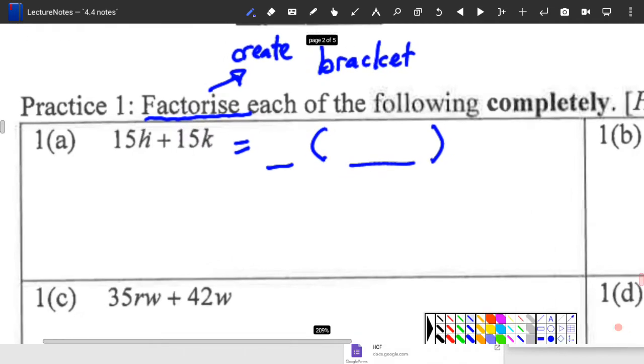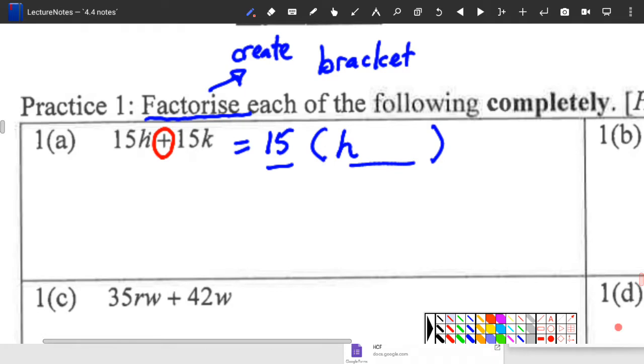So I try 15H and 15K, what is common? 15. Do you agree I can write a 15 here? Means I take out. Now look at the first thing, 15H. If I take out 15, what is that? H. So in the bracket, left with H. Now this is a plus.